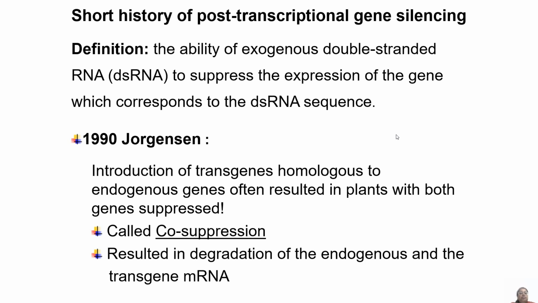Introduction of transgenes homologous to endogenous genes often resulted in plants with both genes suppressed, called co-suppression, resulting in degradation of the endogenous and the transgene mRNA.